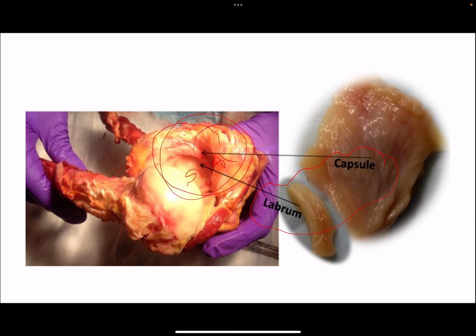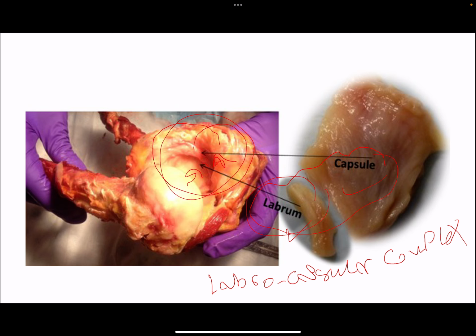We call it the labrocapsular complex. The tear often involves both structures, labrum and capsule, not just labrum.